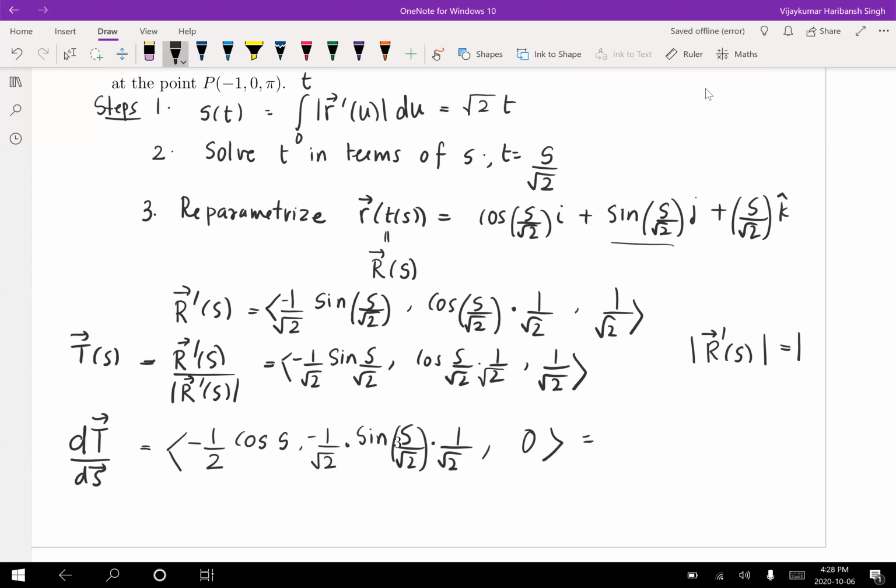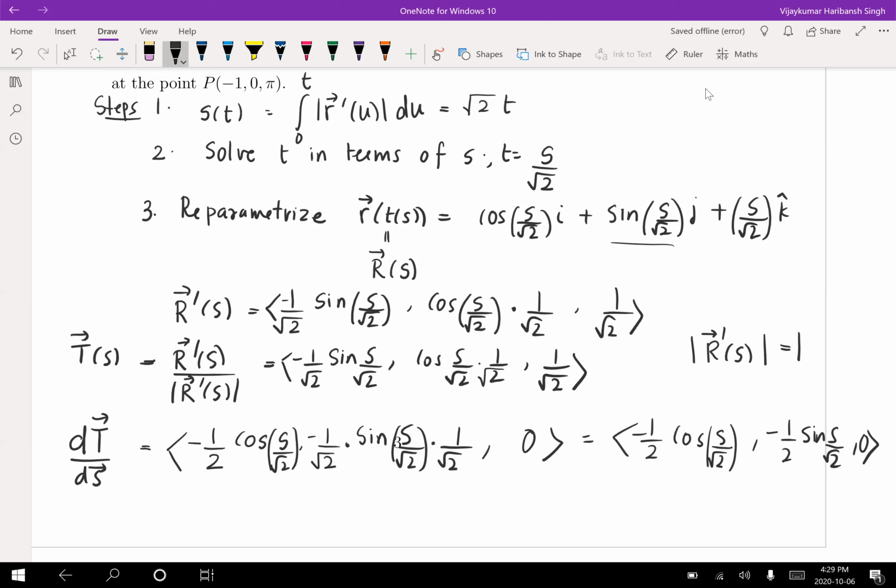So this is going to be dB: minus 1/2 cos s by square root of 2, minus 1/2 of sine of s by square root of 2, comma 0.